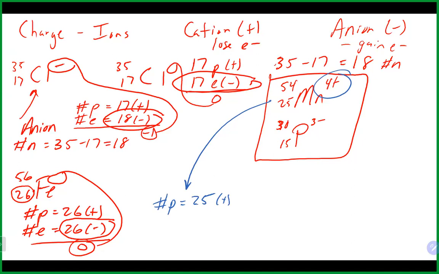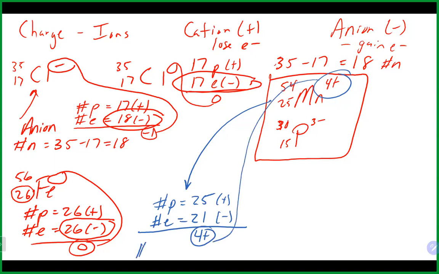So really, you could just subtract 4 from the atomic number, and that'll give you the proper number of electrons, which in this case should be 21, I believe. And that will give you that +4 that's left over for the charge there. And in terms of our neutrons here, we'll take our mass number of 54 minus 25, and that's going to give us 29, I believe. Any questions on any of that one there?